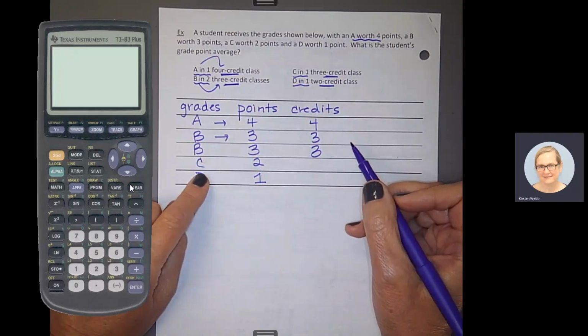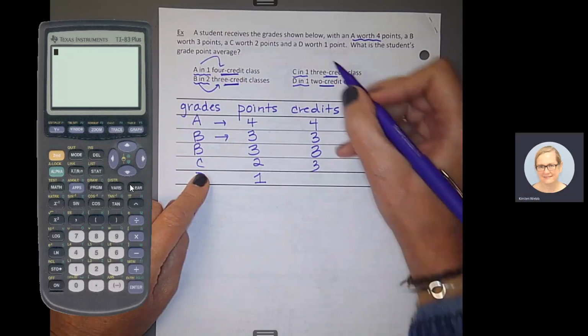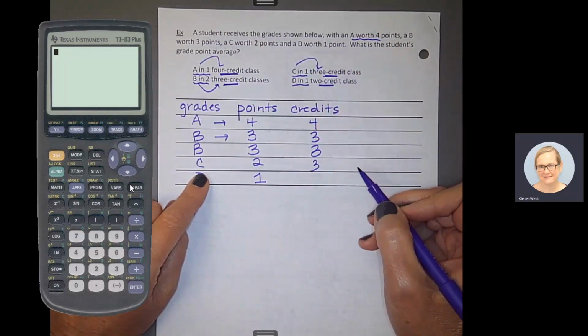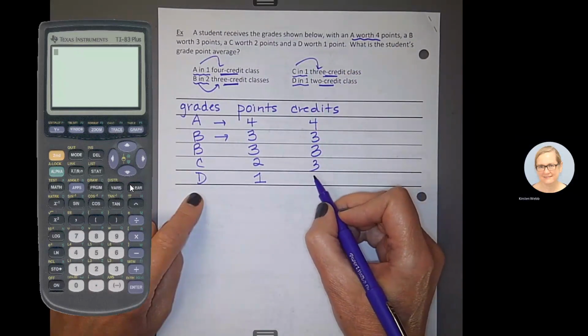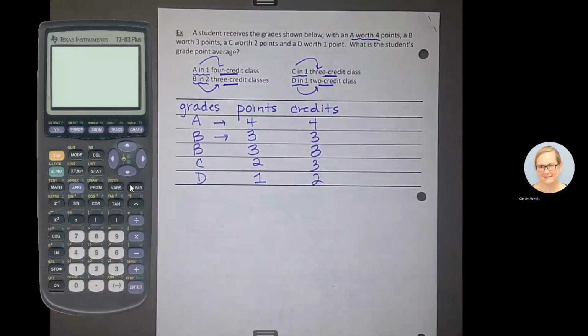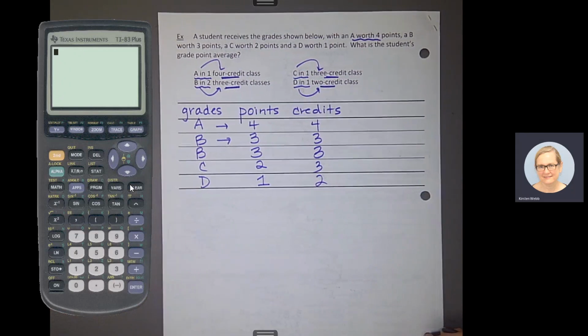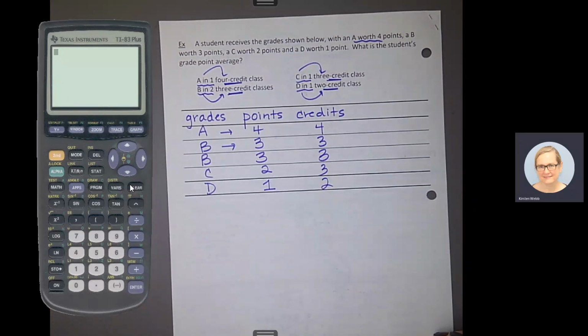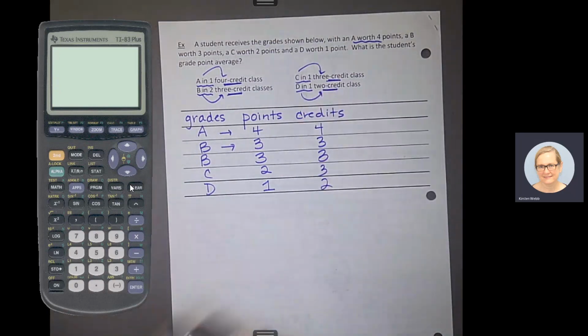Good. And what about the one that got a C in? 3. A C in a 3-credit class. And the D? 2. Great. A lot of different types of numbers in there, aren't there? Well, there's our second column of numbers. So now we have one for the X and one for the W. We just need to figure out which one is which.